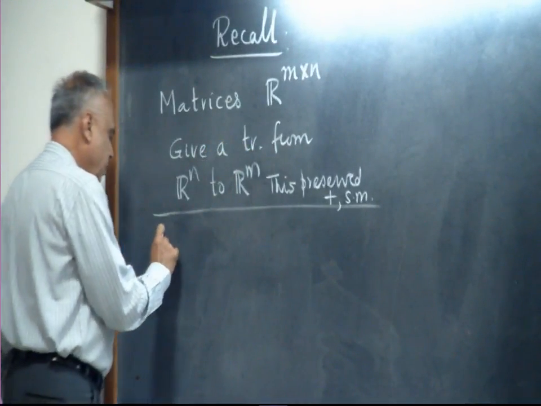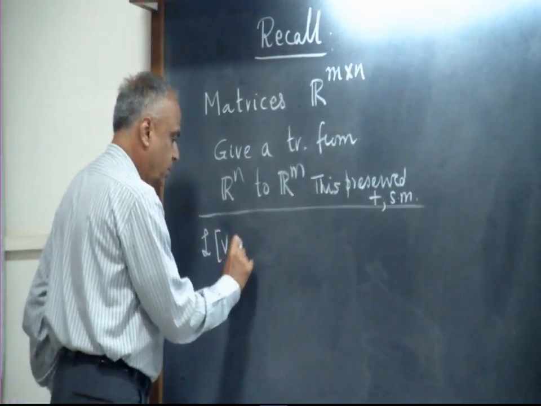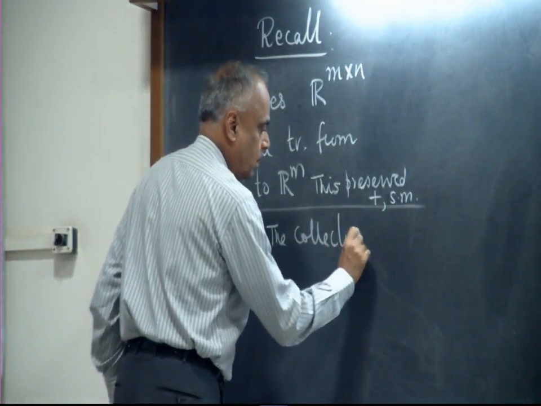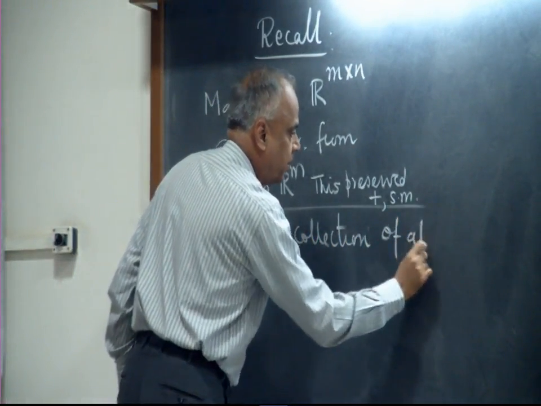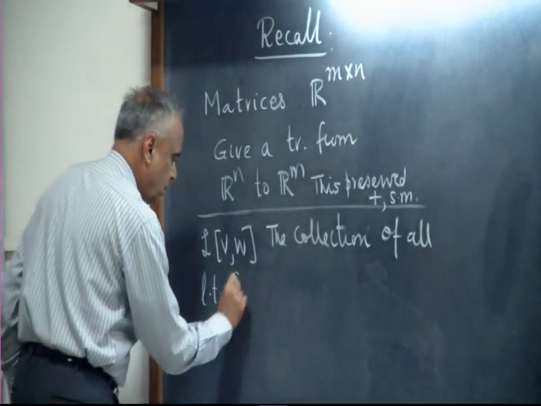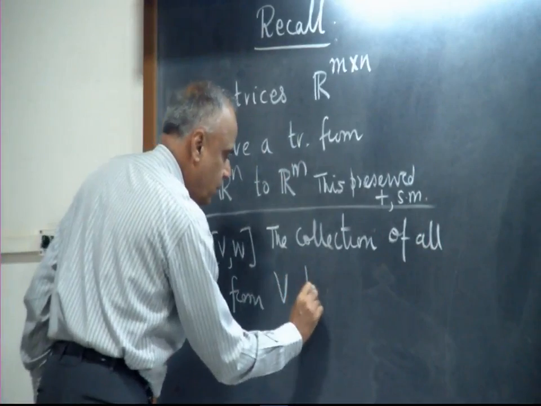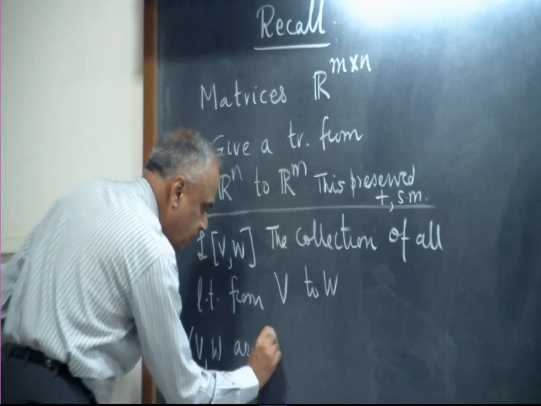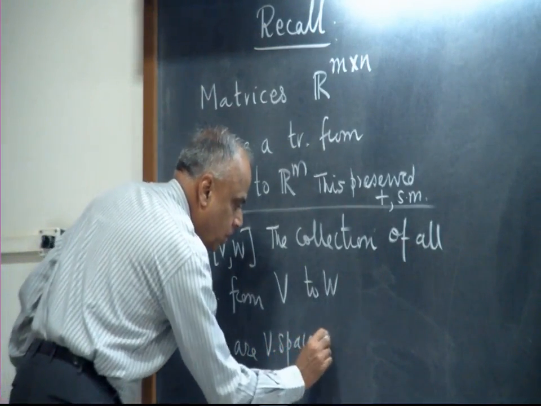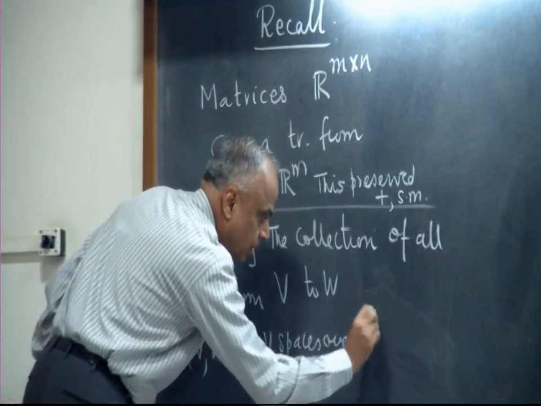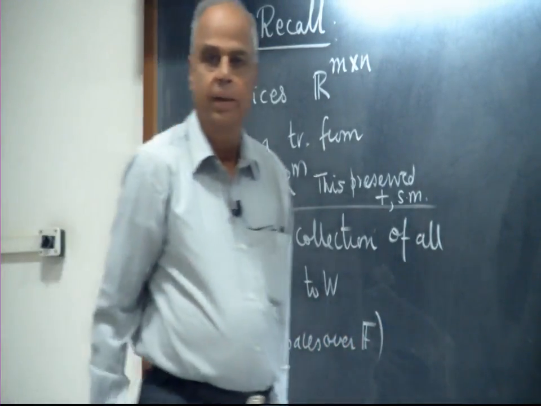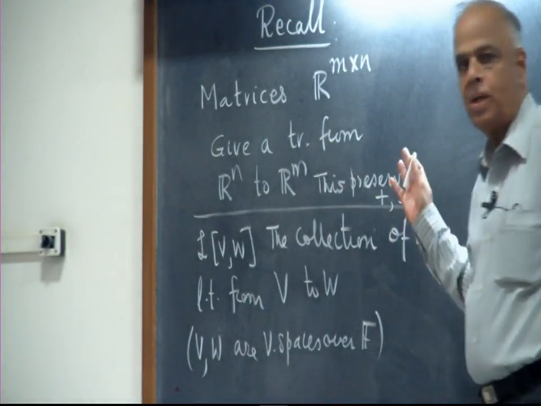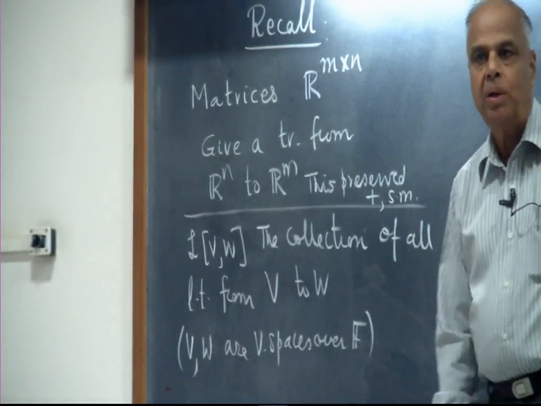So then we had L(V,W), the collection of all linear transformations from V to W. V and W are vector spaces over a field F. Then we looked at all linear transformations from V to W. These are transformations which preserve again addition and scalar multiplication.